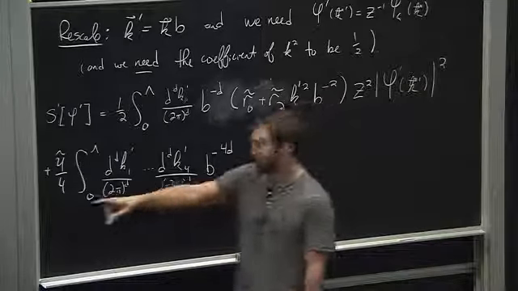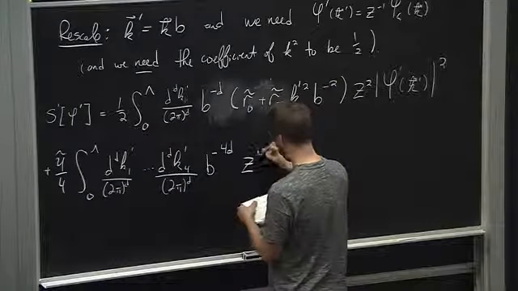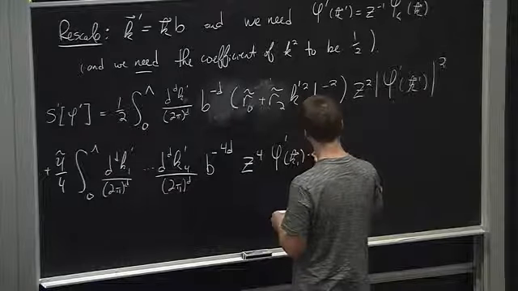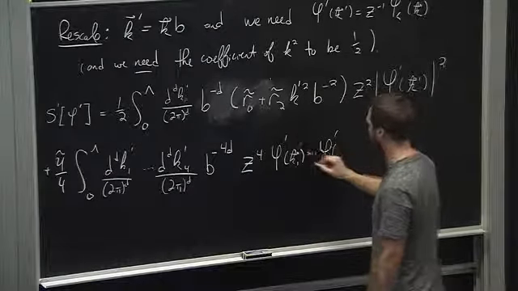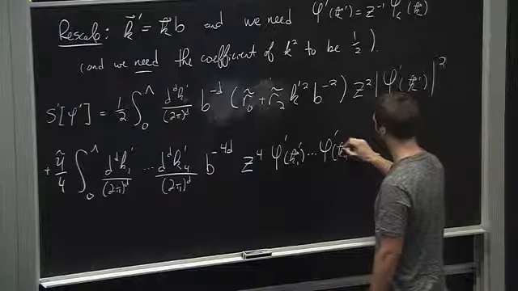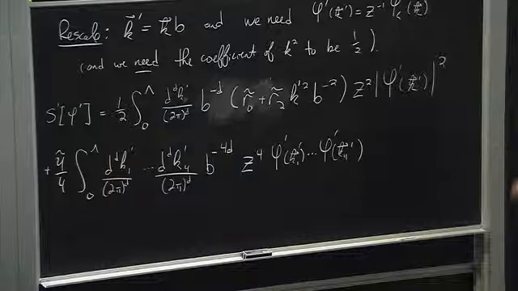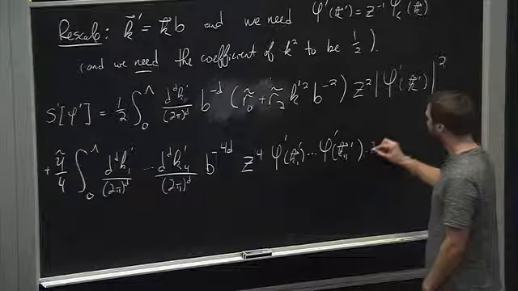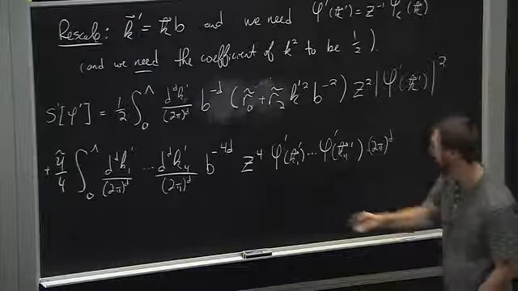I got 4 fields that I'm rescaling. Phi prime k 4 prime. And then 2 pi to the d and the delta function.